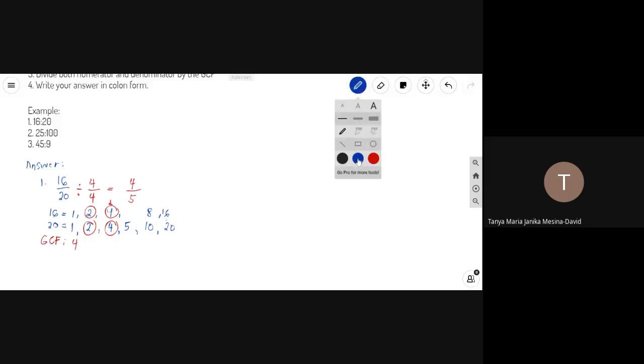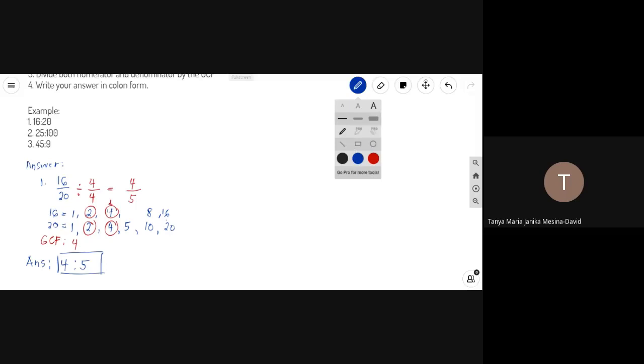Therefore, according to the last step, we need to write it in colon form, so our answer is 4 is to 5. This is the reduced form of 16 is to 20. Notice that there are no more numbers that can divide 4 and 5 aside from 1. That's why this ratio is already in lowest terms.